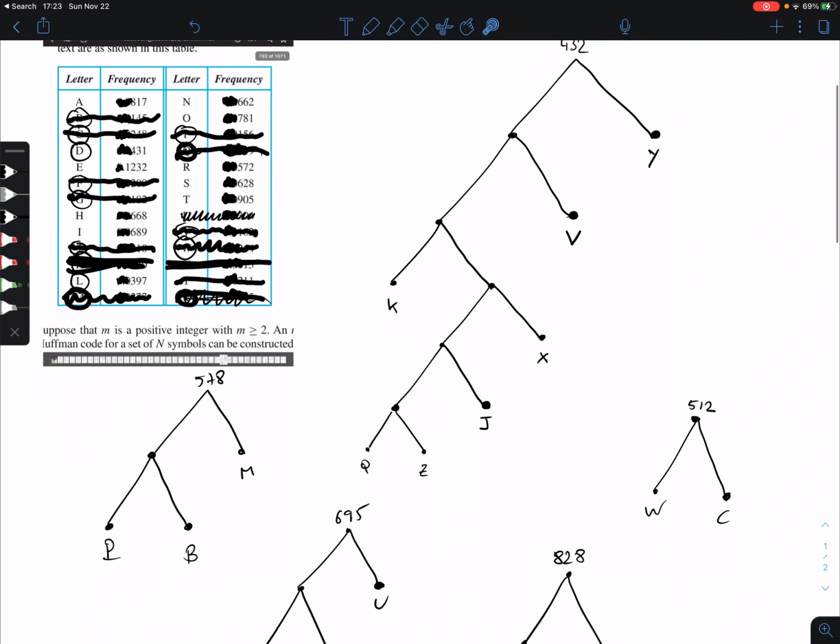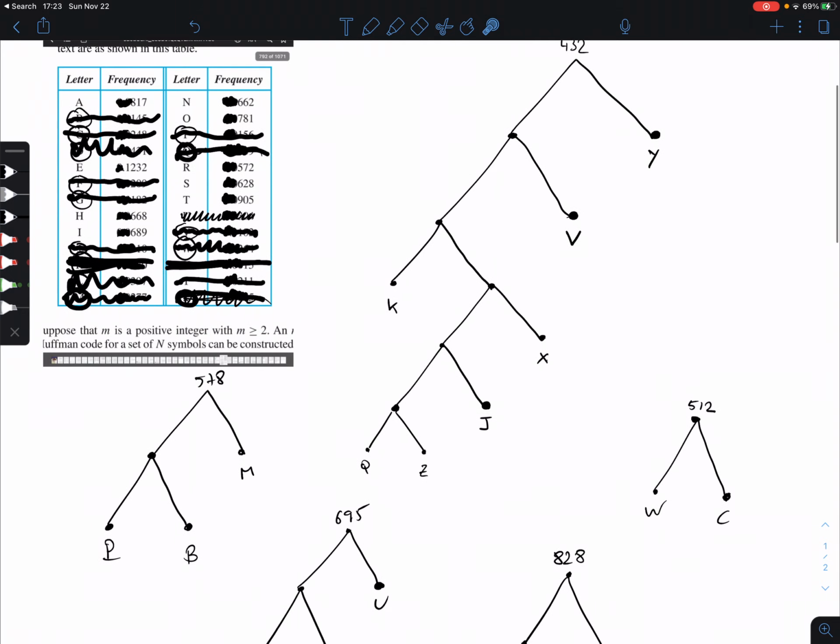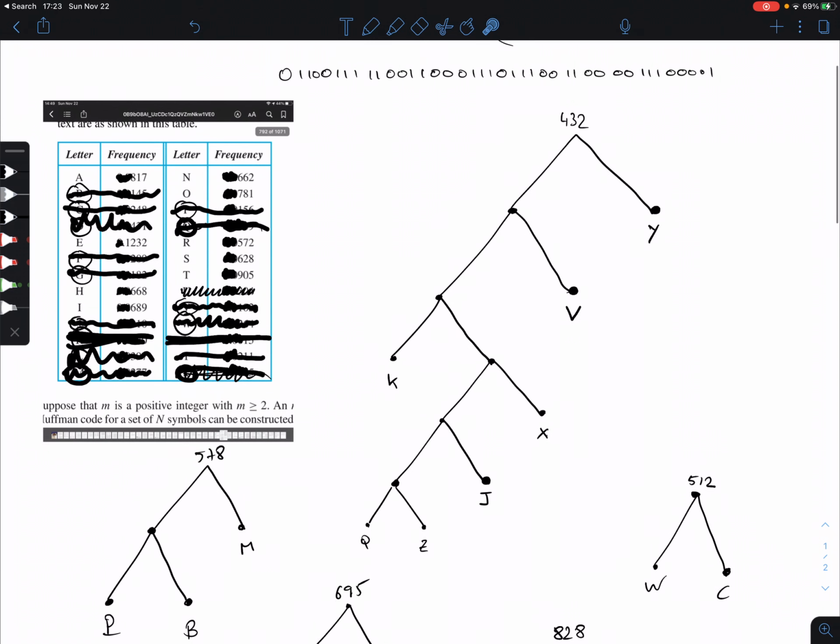Okay, so let's move on. We have now dealt with D and L. So we have this top tree here. That's the next one that has to be done something. And what else? Well, we have this tree also, right? So this tree and these two trees actually have the lowest value.